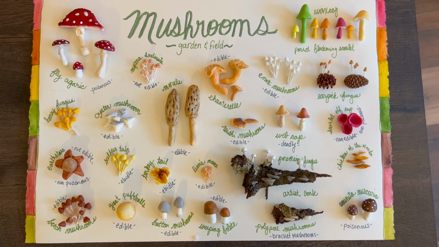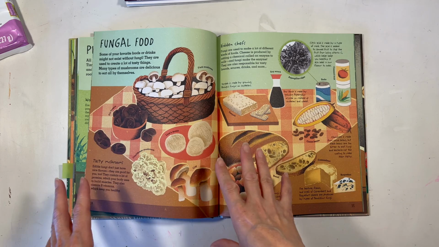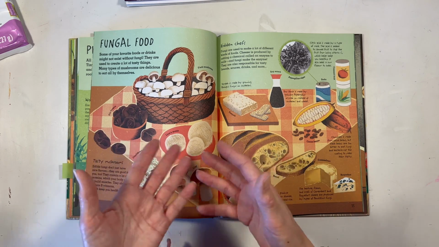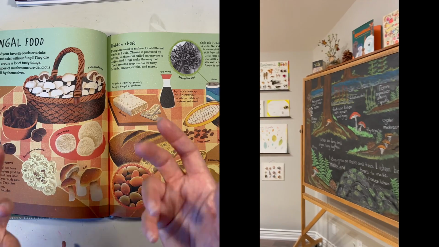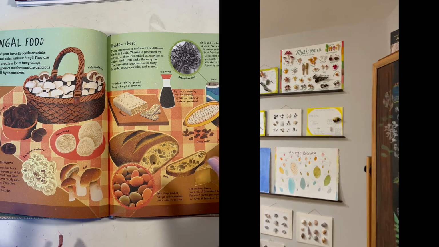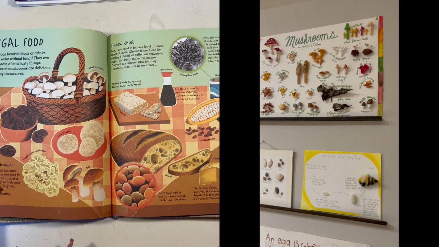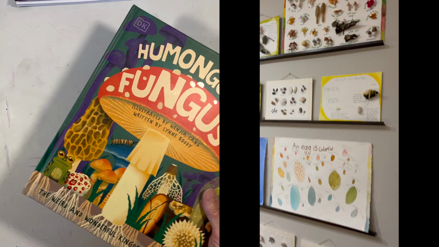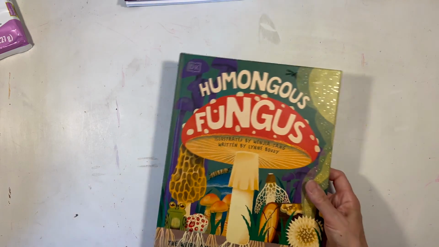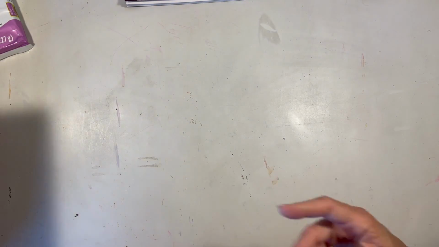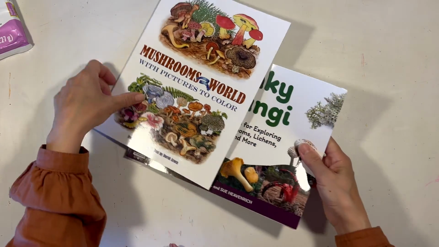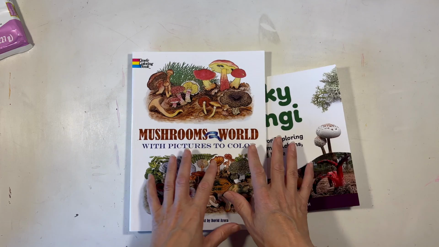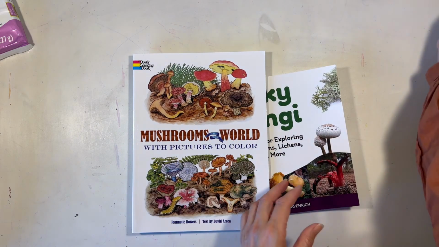So this book came in handy with how to shape them and what they would look like. And I really liked the way that the project turned out. It ended up being quite a bit more challenging originally, but when we finally got it done, it looks fabulous.